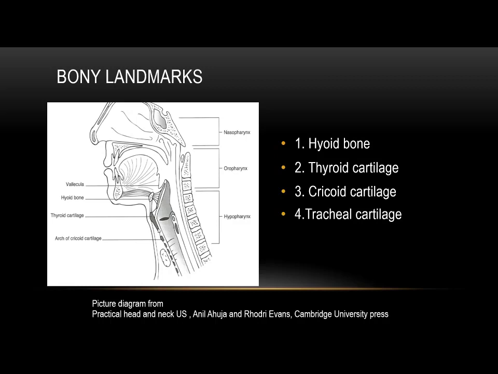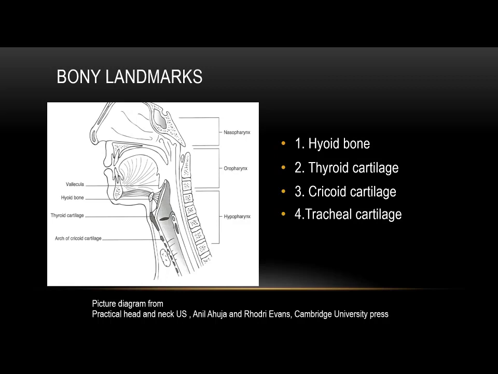Below the thyroid cartilage is the cricoid cartilage. The cricoid cartilage is a complete ring just beneath the thyroid cartilage. Below the cricoid cartilage, there are small rings of tracheal cartilage, which has multiple levels. It's a dot like this.